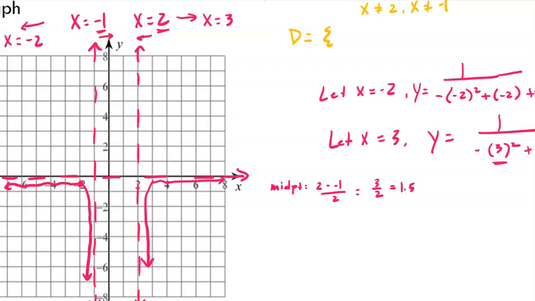So we can either take 2 and subtract 1.5 to actually find the coordinate where x is, to plot it. Okay, so that gives me 0.5. And I could have taken -1 and added 1.5, which also gives me 0.5.